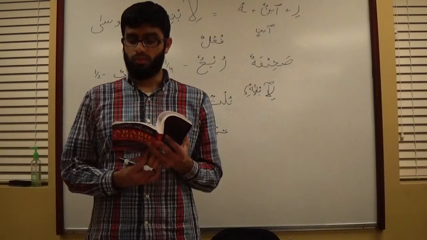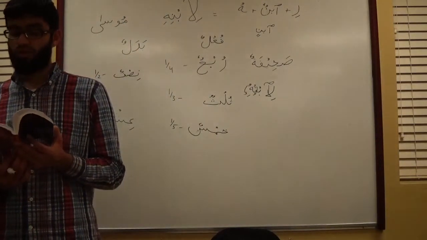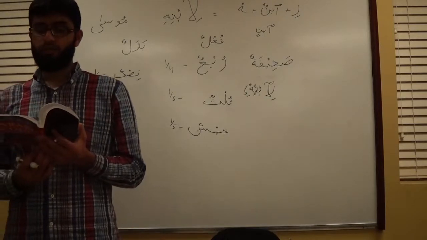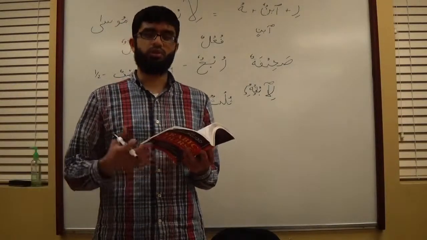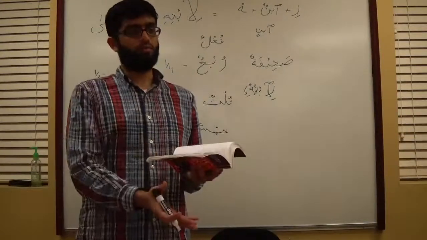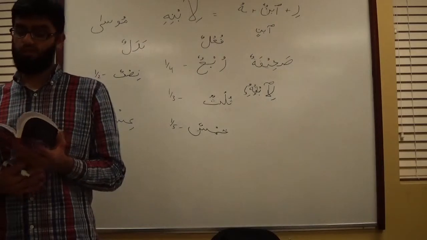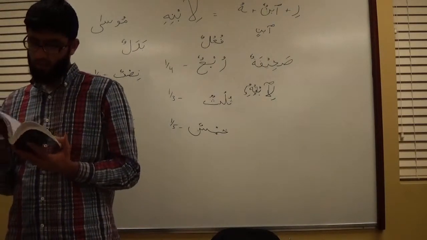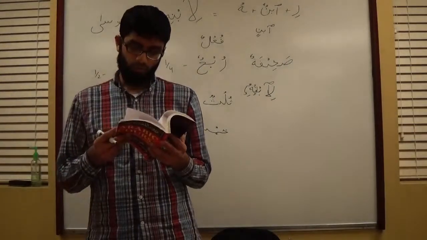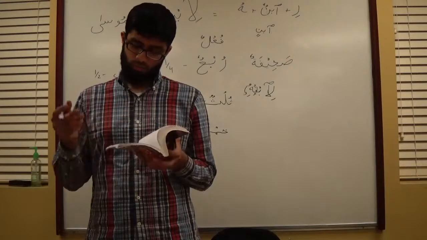Abi means my father. Something my father to the market every morning. So you can say he goes: yadhabu abi ila suqi. My father goes to the market every morning. And then do the rest of them. So number 4, number 5, and then number 1, questions 1 through 6.